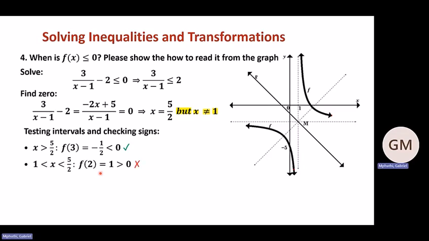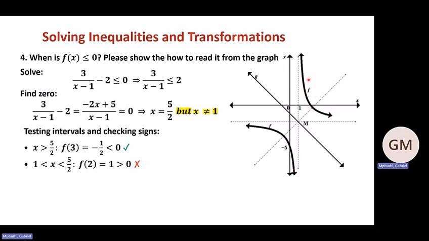We continue. We look at the values, remember we're excluding 1, that are greater than 1 but less than 5/2, which is 2.5. These are the values between 1 and where our function cuts the x-axis.